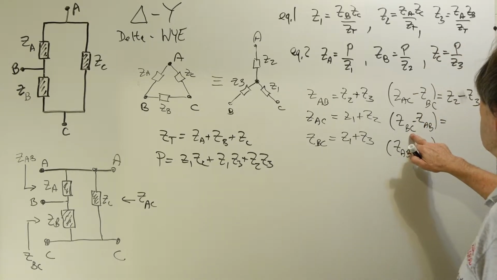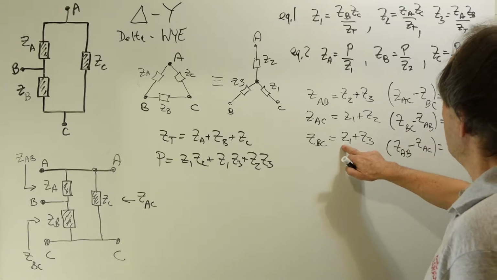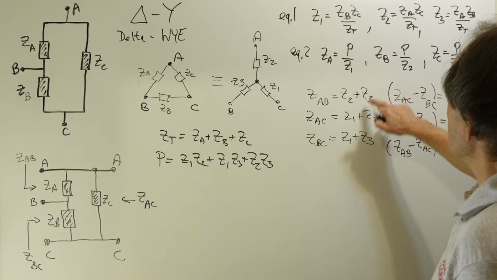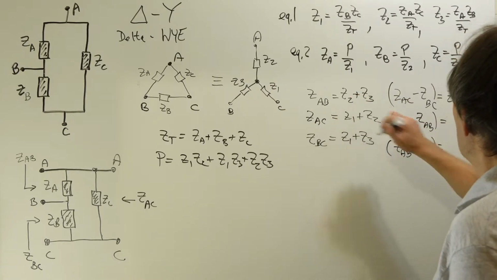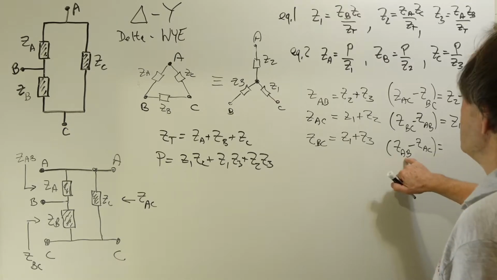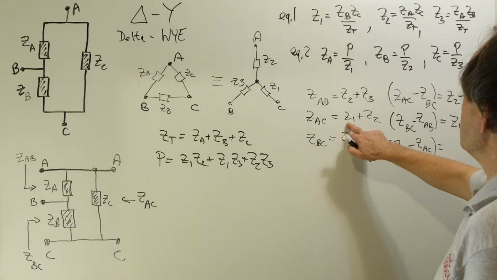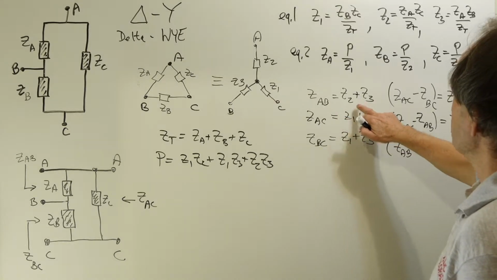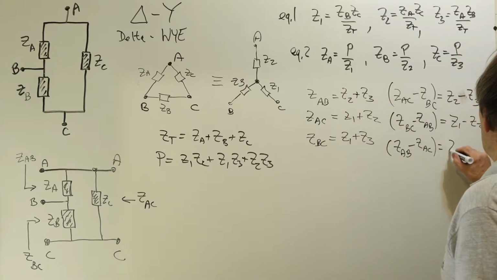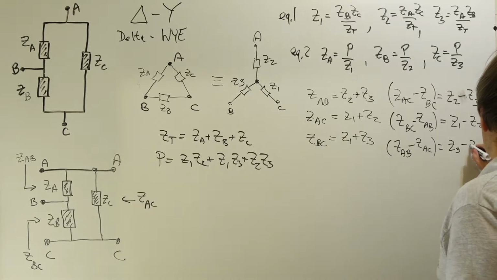ZBC minus ZAB is this minus that. The Z3's cancel, so we end up with Z1 minus Z2. ZAB minus ZAC is this minus this. The Z2's cancel. I end up with Z3 minus Z1.